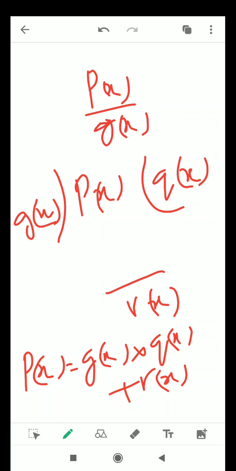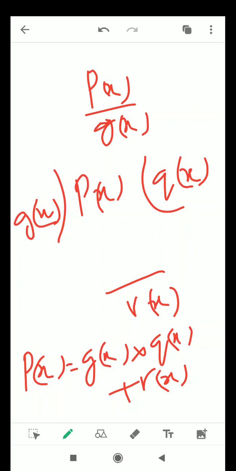Now remember that r of x will always be, what is the degree of a polynomial? Degree of a polynomial means the highest power of the variable in the given polynomial. When you keep all this in descending order, the highest degree of a variable is the degree of that polynomial.